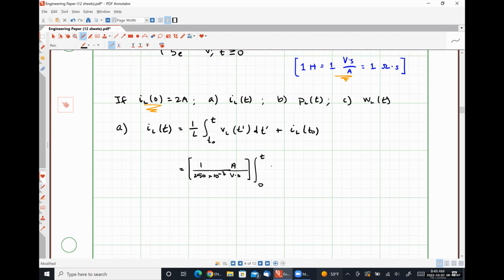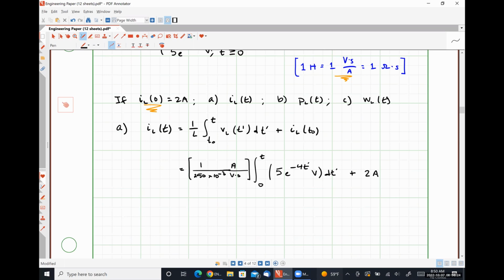Since our integral ranges from 0 to some later point in time, we substitute in the value of our inductor voltage that corresponds to that interval, 5e to the minus 4t volts dt. Then I'm going to go back through and make sure that I'm using my dummy variables correctly. Outside of the integral, I will add my initial condition, 2 amps.